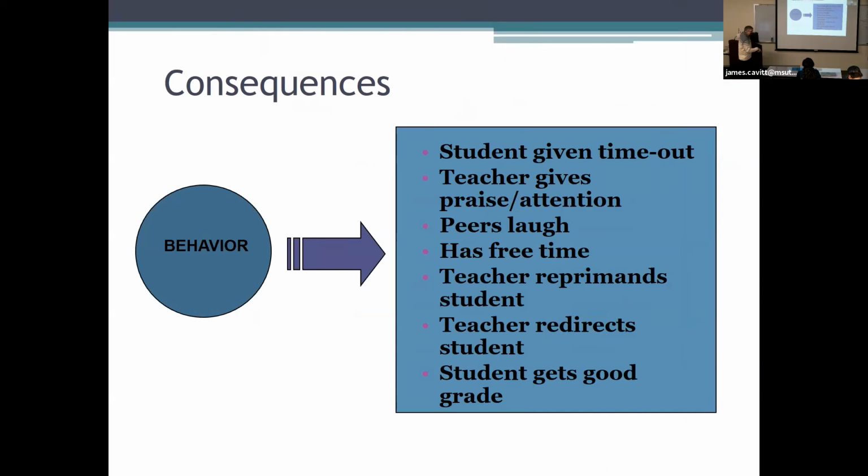Then we need to look at the second link in the chain, which is the behavior: what exactly did they do?